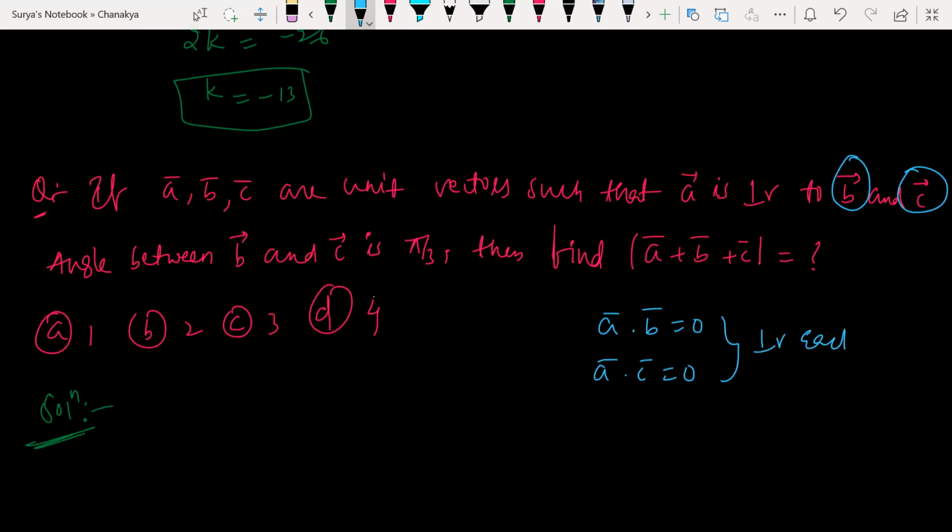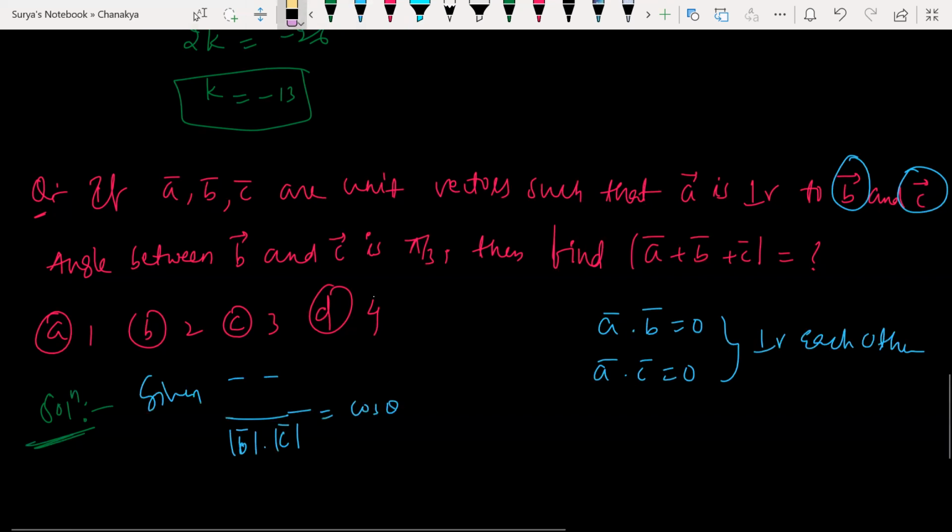Now solve it. Angle between B and C is given. So B dot C by magnitude of B magnitude of C is equal to cos theta, right?